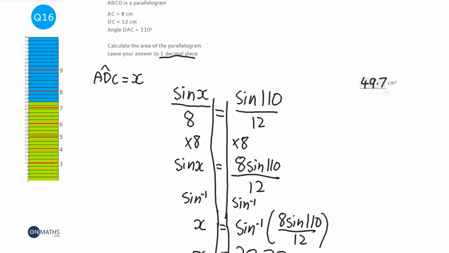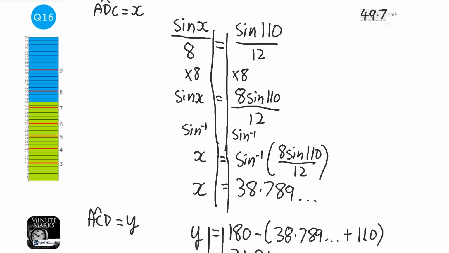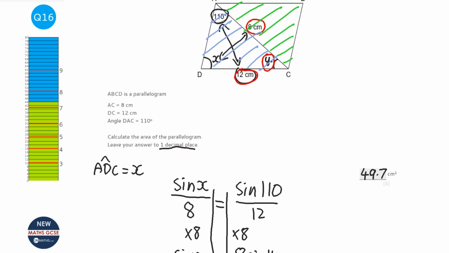Now, if you didn't keep the numbers in your calculator and you rounded them, make sure you round them to 4 or 5 decimal places. I would probably round at least to 3 decimal places, but you normally want to go a little bit further. You might find that if you rounded, you get a slightly different answer to mine.